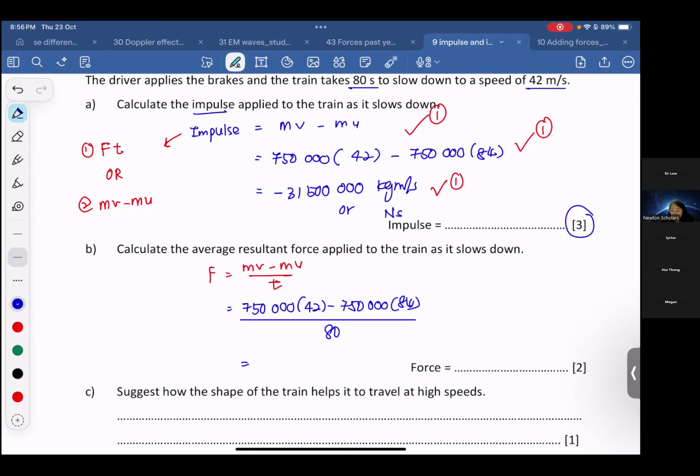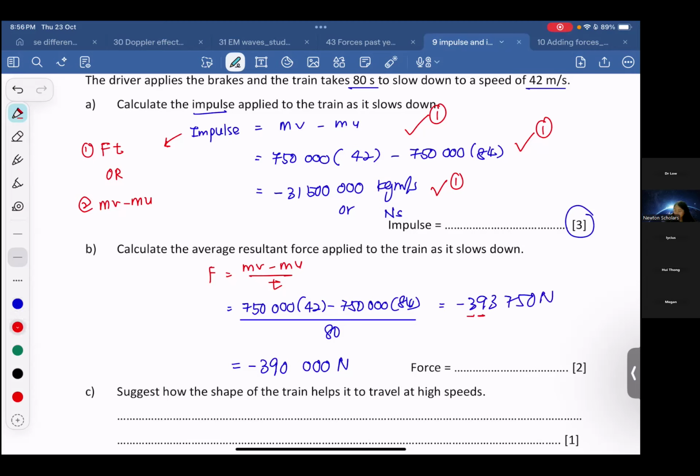This is one significant figure only. Two significant figures, actually, we will get a negative 390,000 Newton. It's supposedly, if not mistaken, according to Emily, the answer 393,750 Newton. I want two to three significant figures.